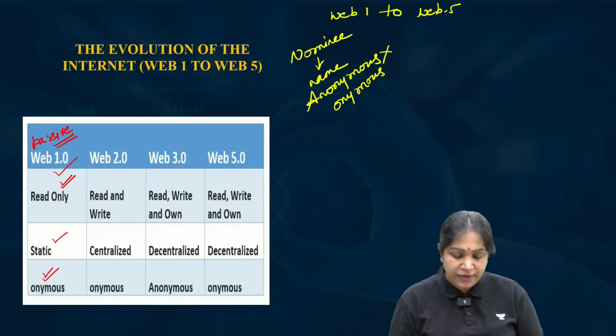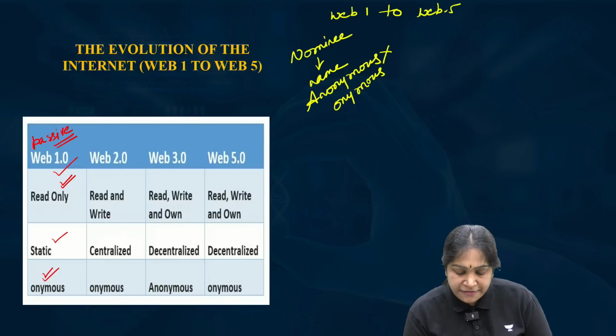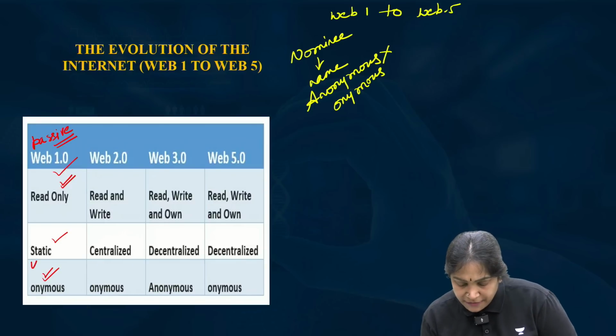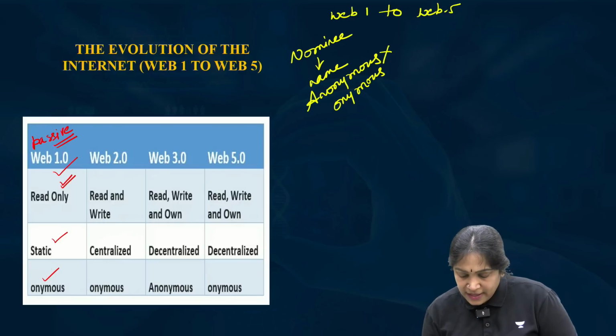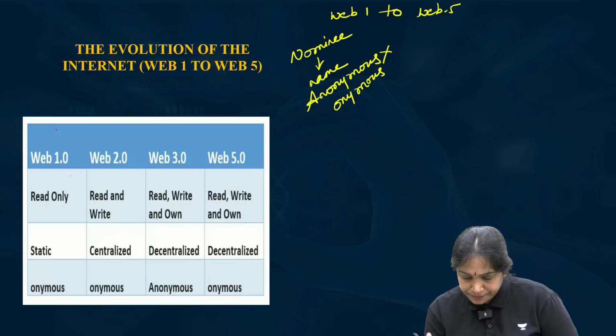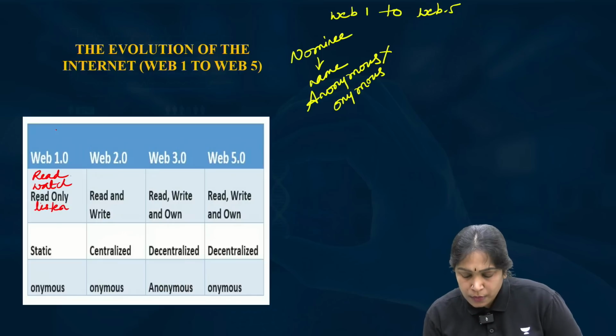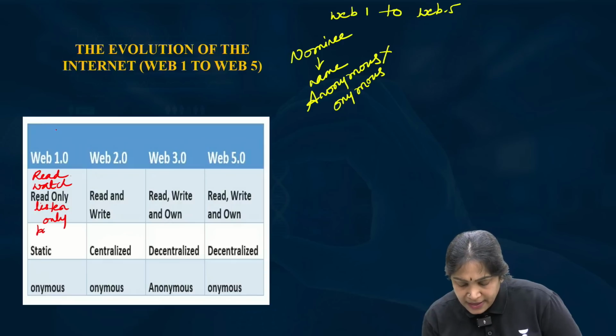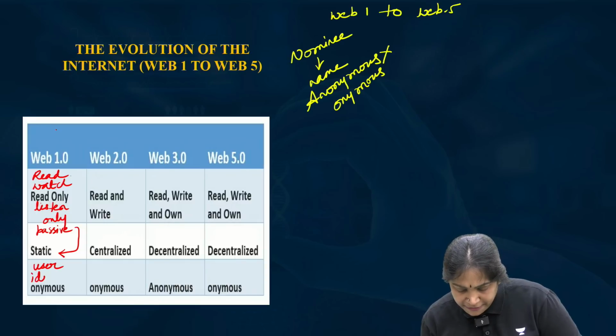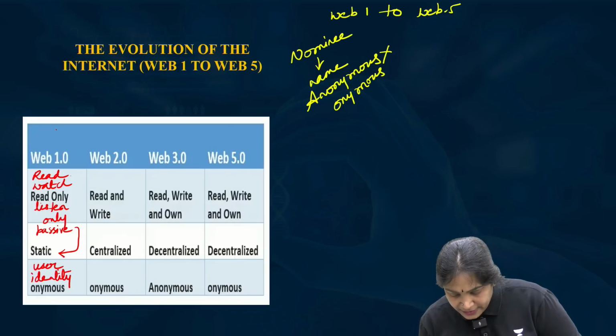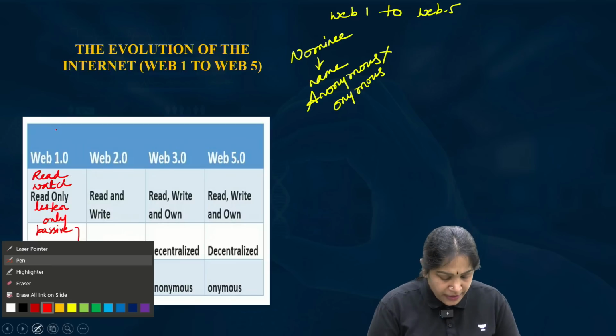In Web 1, the user will have identity. Read or watch or listen only, I mean passive. Therefore, it is also called static. Onymous means the user will have identity. This is about Web 1.